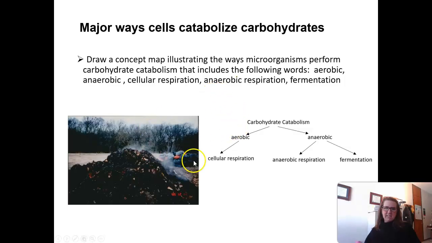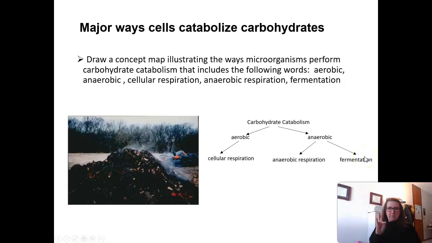If that's the case, then we're going to undergo cellular respiration, just straightforward, much like eukaryotic organisms. It might be that we're trying to break down that glucose in a low oxygen environment. With a low oxygen environment, we're thinking about anaerobic respiration here. No oxygen at all means we're going to go into this fermentation mode of catabolism.